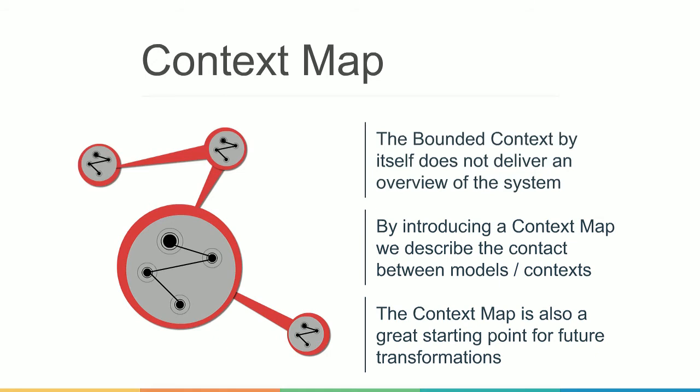And this makes it a really great starting point for future transformations. And to all the folks in the audience that are dealing with or planning to move a legacy monolith or a grown system towards bounded contexts, I highly recommend they take a really close look at the context map.